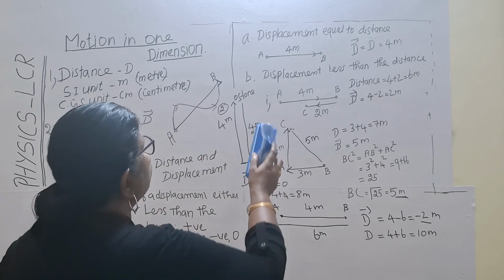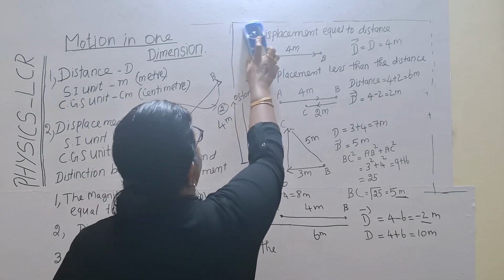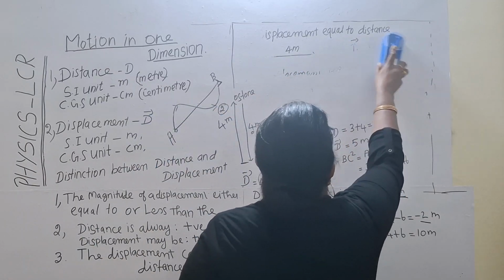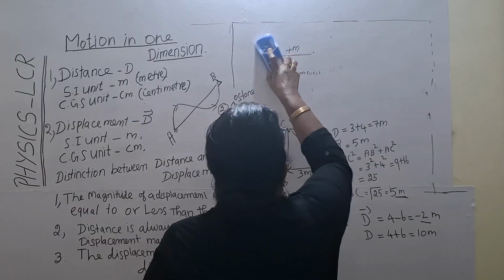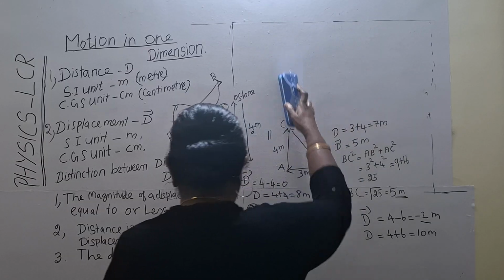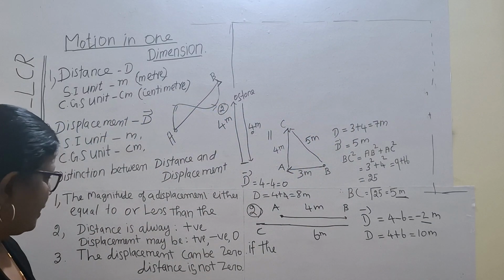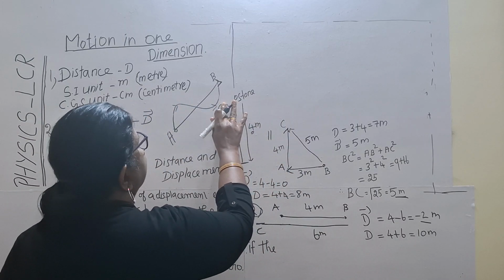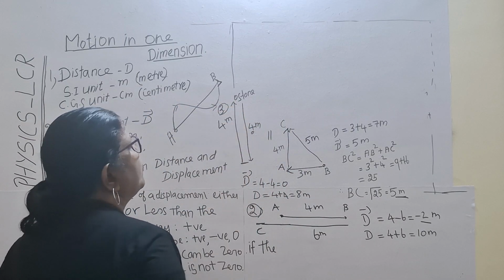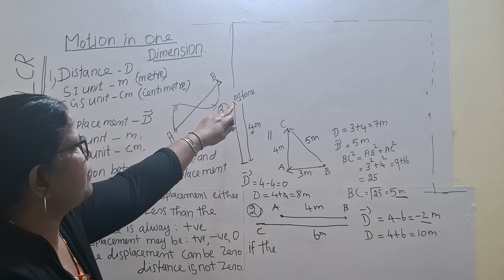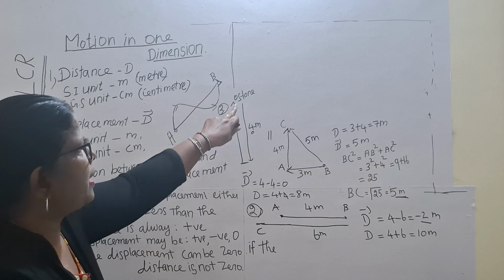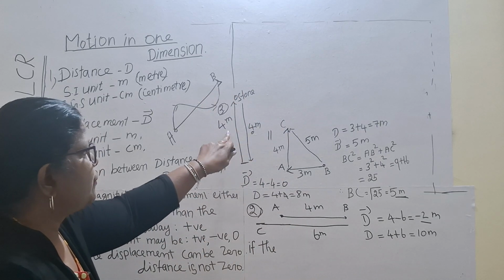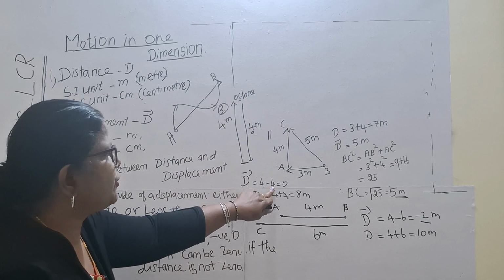Just see, the body is going upward 4 meter, again it is coming back, linear motion we can say. So the displacement will be 0.